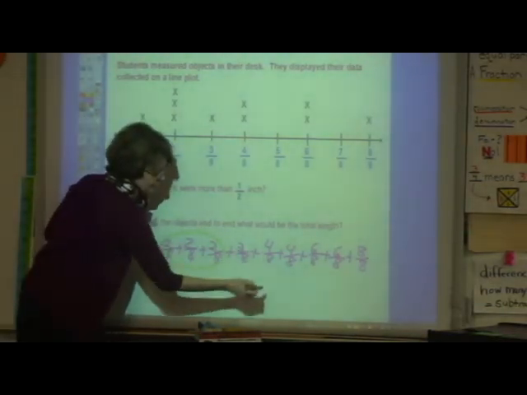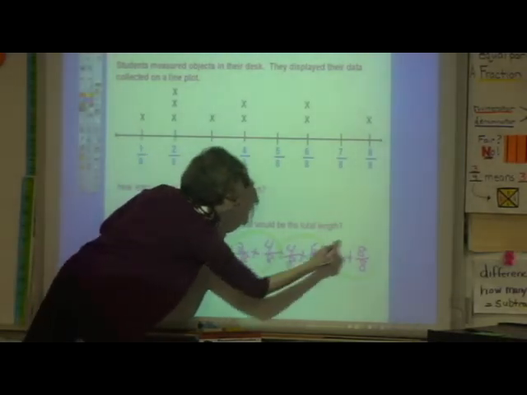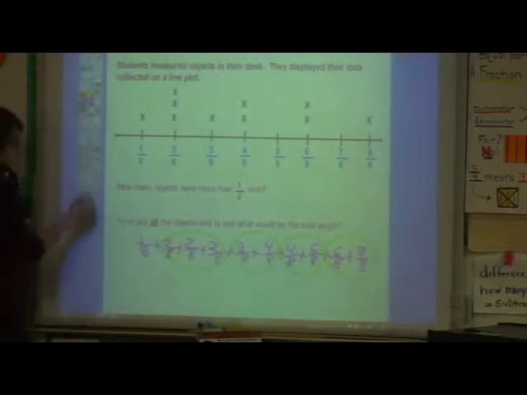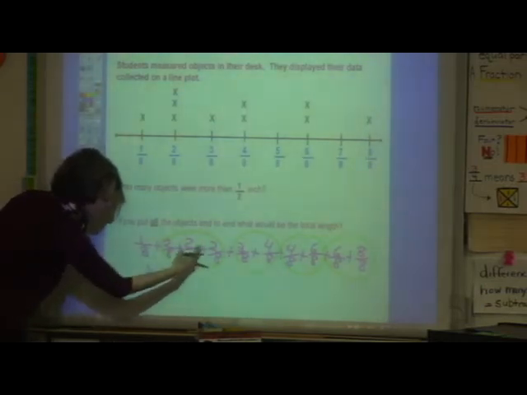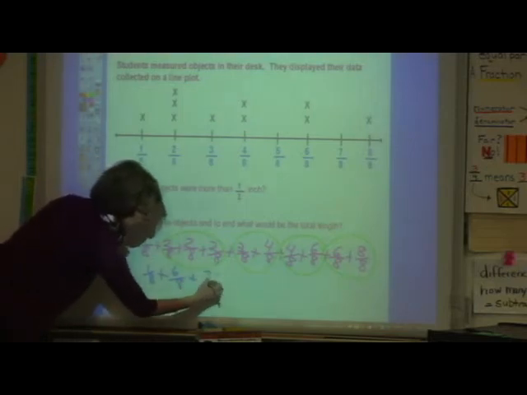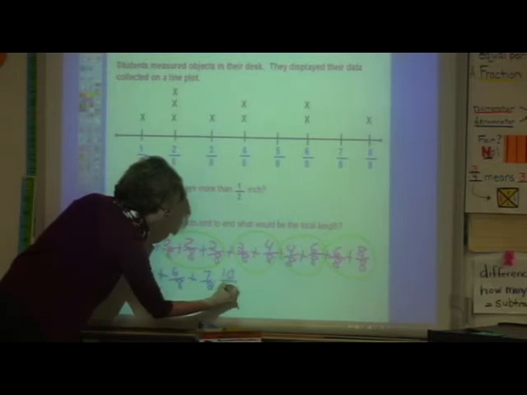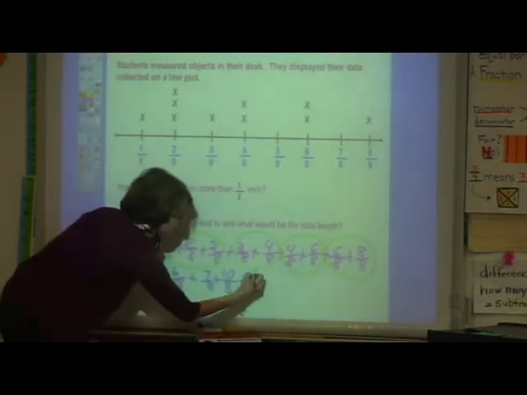38/8. And then they did this too. We would add all of our fractions, and then you have to make it a mixed fraction. Sometimes this is just my grouping, to make less numbers. Too many numbers. 14.